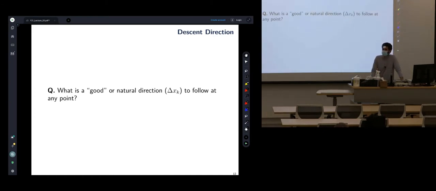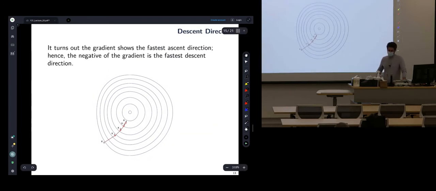So we are after a natural direction that is also computable, right? It's not too hard to find. So again, there is such a direction in this problem, and it turns out that's the gradient. Gradient is the natural direction to follow, because that's the fastest ascent direction.